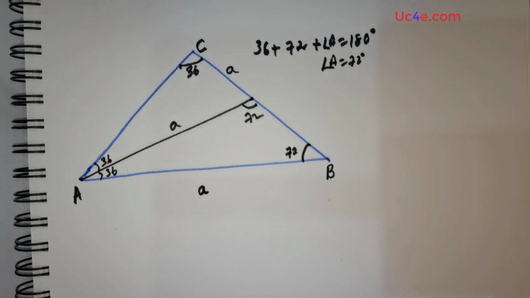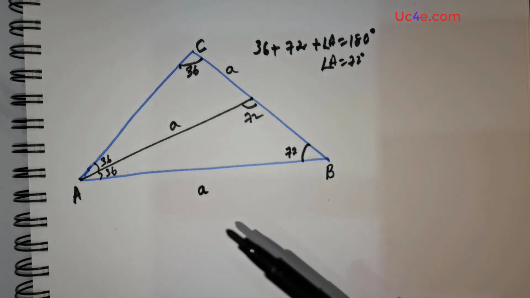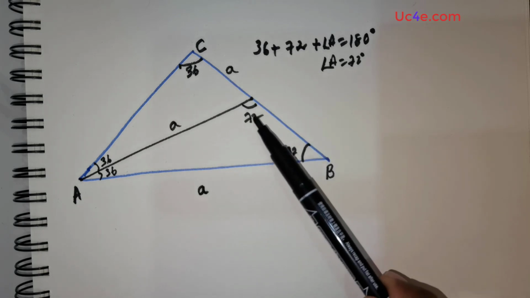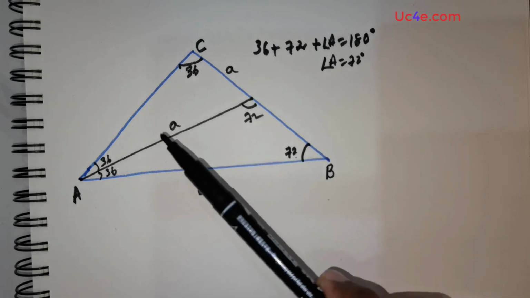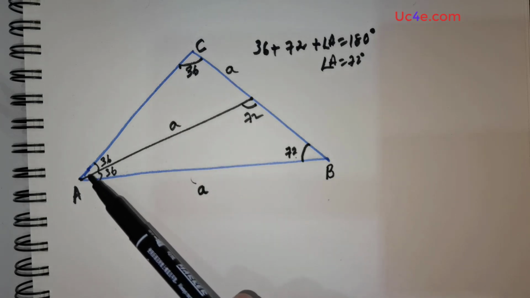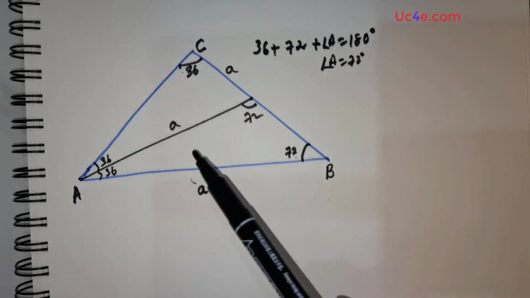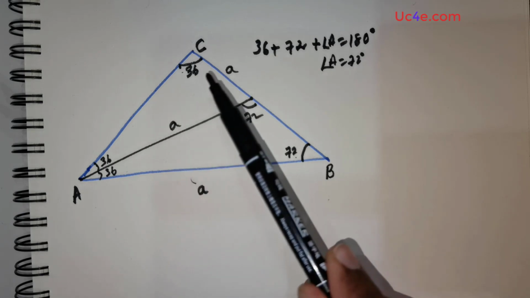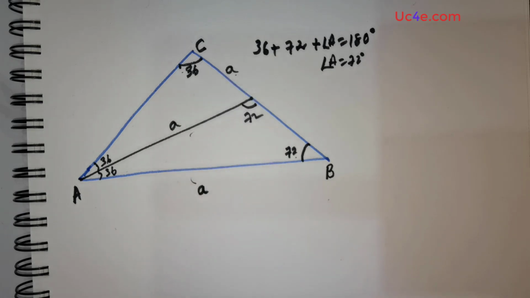So the most important concept that you have to get hold of here is the concept of the isosceles triangle. So clearly you can see the two angles are equal, so subsequently the lengths are going to be equal. So that is the concept I'm applying here.